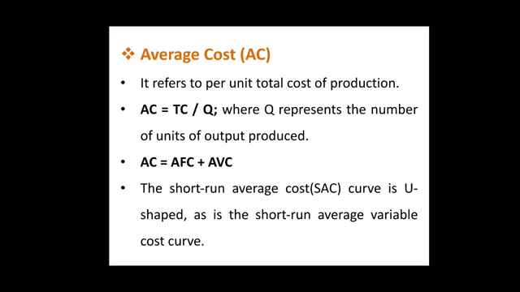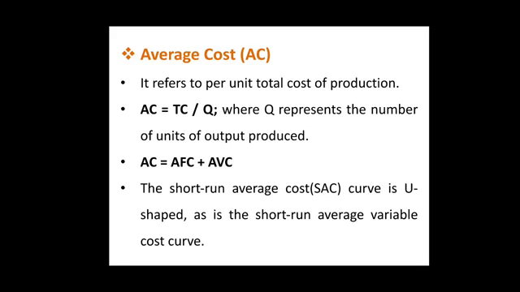So at first, average total costs are high at lower levels of output because both average fixed costs and average variable costs are large. But as output increases, the average total costs fall sharply because of the steady decline of both average fixed costs and average variable costs till they reach the minimum point.